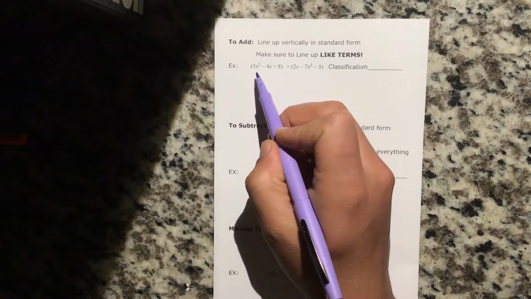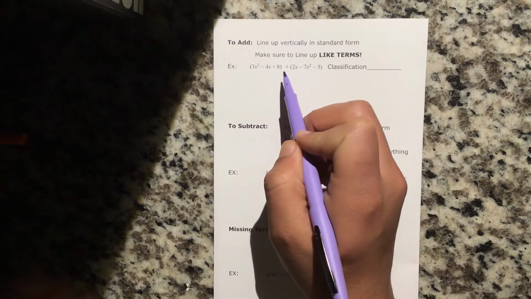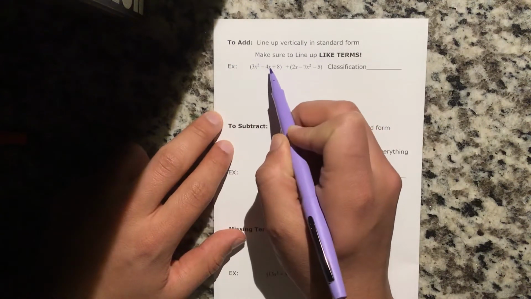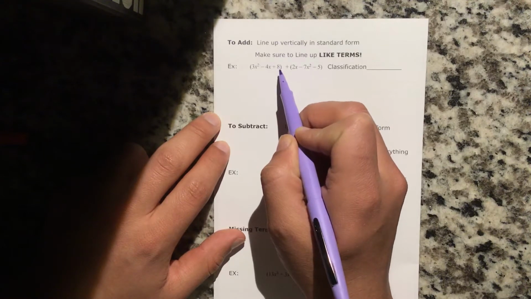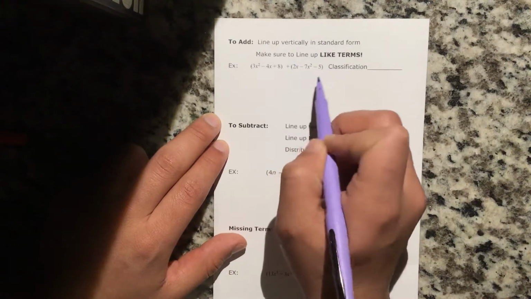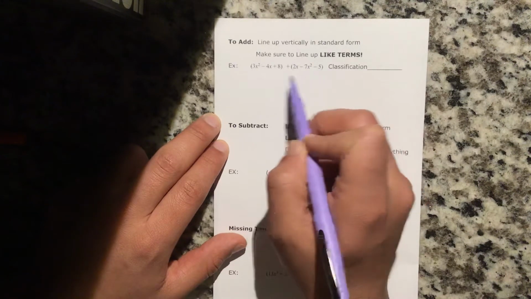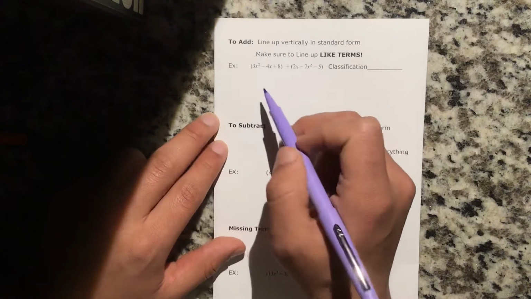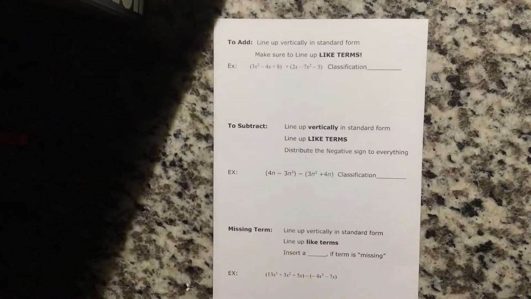So my left polynomial, this is already in standard form, right? I have an x squared, I have an x, and then I have one without a variable, okay? So this is already in standard form. So what I want to do is rewrite this in standard form, lining up like terms, okay? So let me show you how we do that. So I have 3x squared, right?